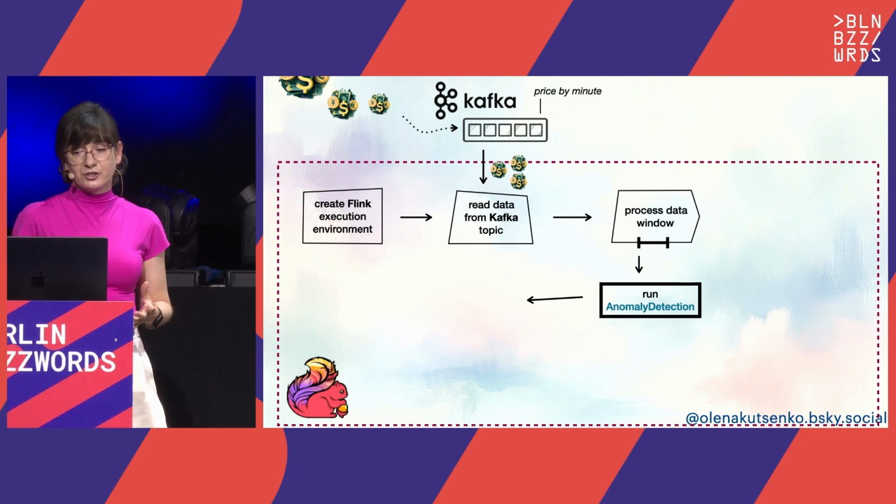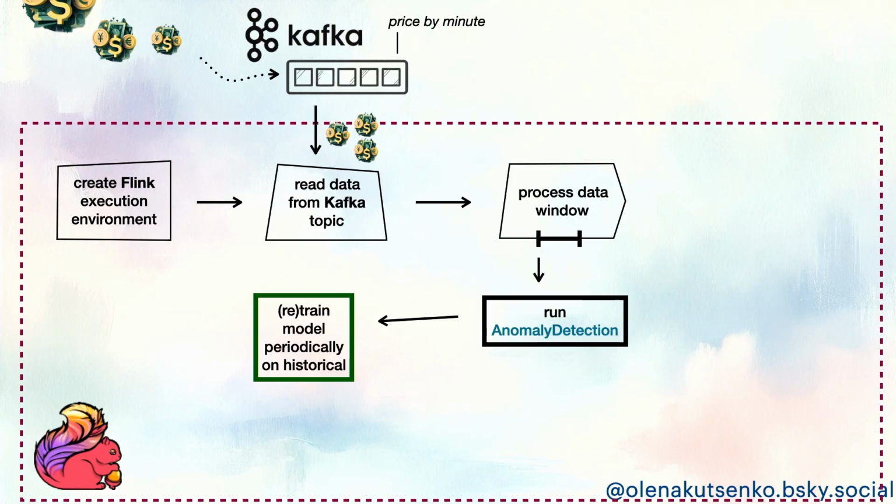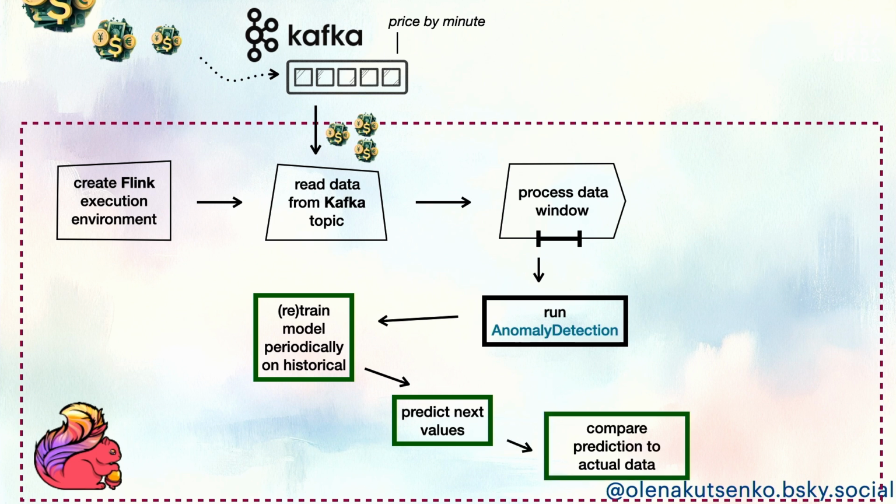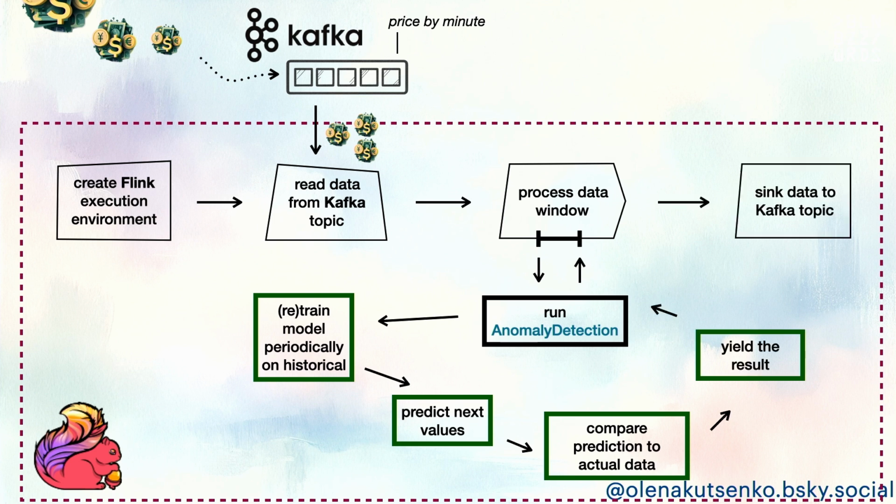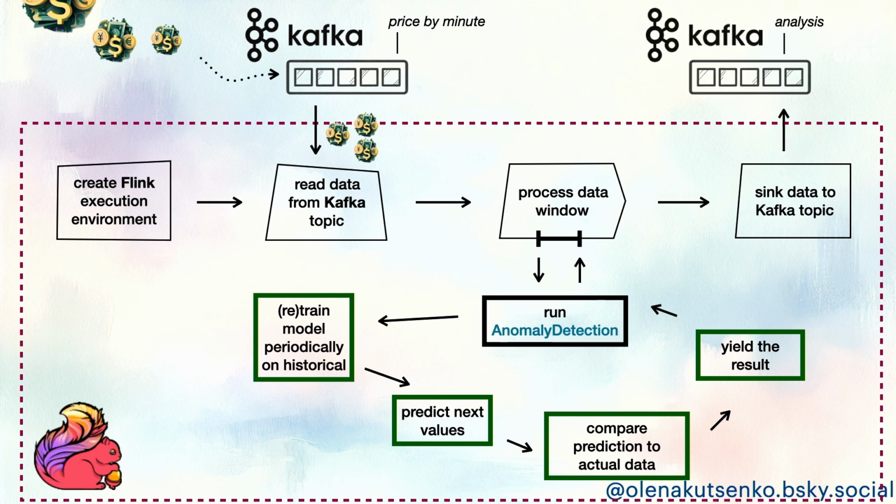We want also to train and retrain this model from time to time. Finally, we can predict the next values based on the model which we trained, compare the prediction to actual values, and send the results to another Apache Kafka topic. So this is more or less the simple flow which we can do.